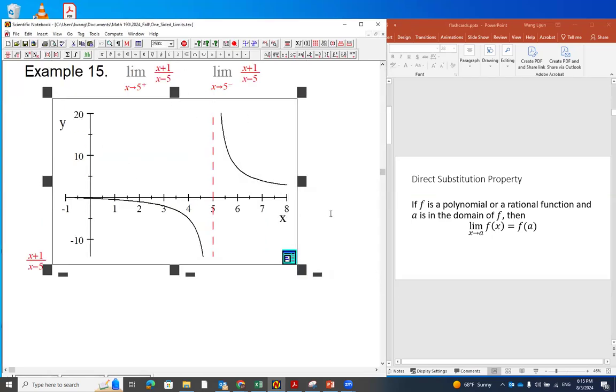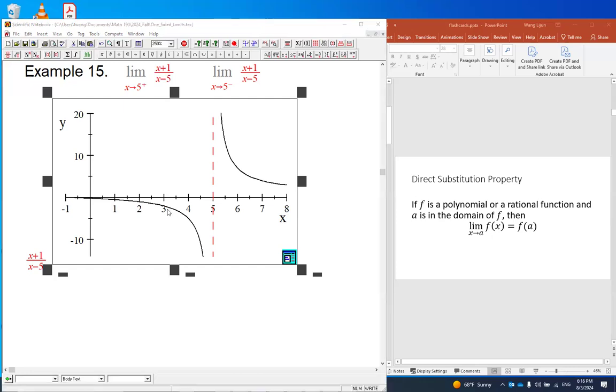So we look at these two limits. The first one is talking about x approaching 5 from smaller than 5, and it approaches negative infinity. The other one, oh no, sorry, this one is approaching 5 from smaller, so the limit is going to be negative infinity.